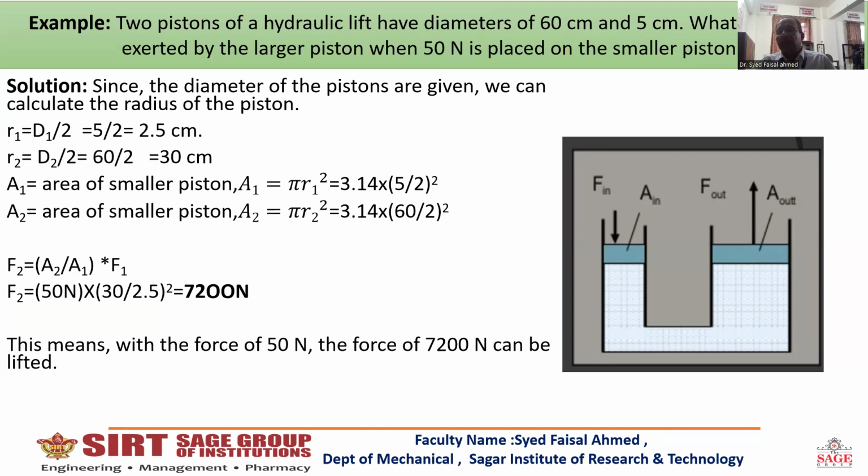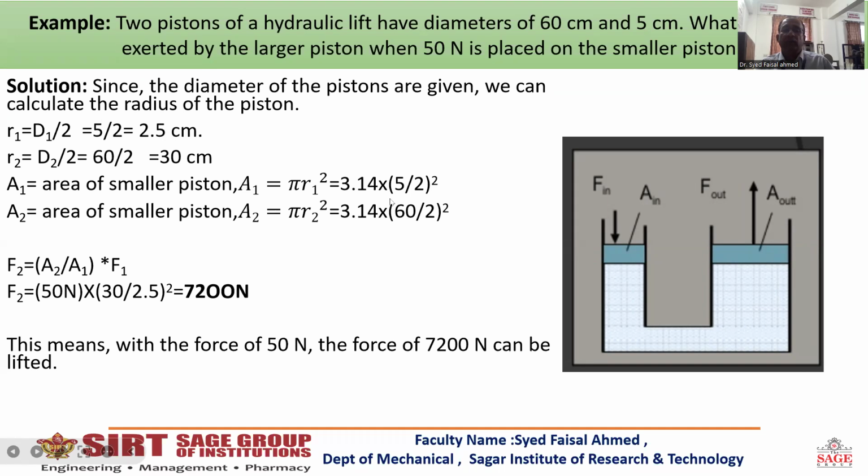Now, what has been asked in the question: how much force is exerted by the larger piston when 50 Newtons is placed on the smaller piston? So F1 upon A1 is equal to F2 upon A2. We have to calculate the force F2. So F2, by putting the values, is 50 Newtons times A2 by A1, and A2 by A1 is pi r square, so the formula is r square, that is 30 upon 2.5.